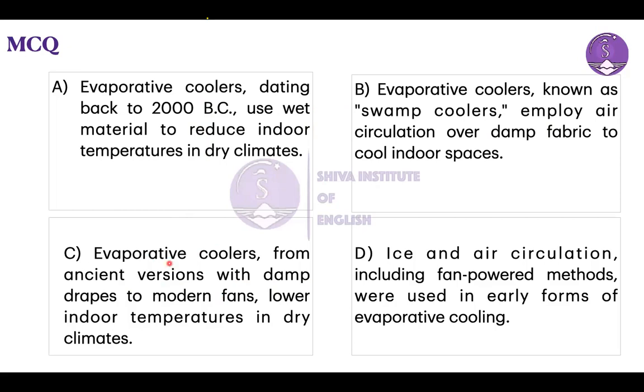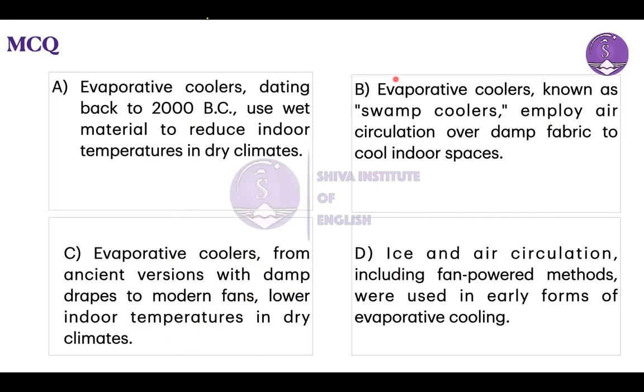Option C stated that evaporative coolers, from ancient versions with damp dates to modern fans, lower indoor temperatures in dry climates. Okay, this could be called a part of the text, but does it take the main point of it?